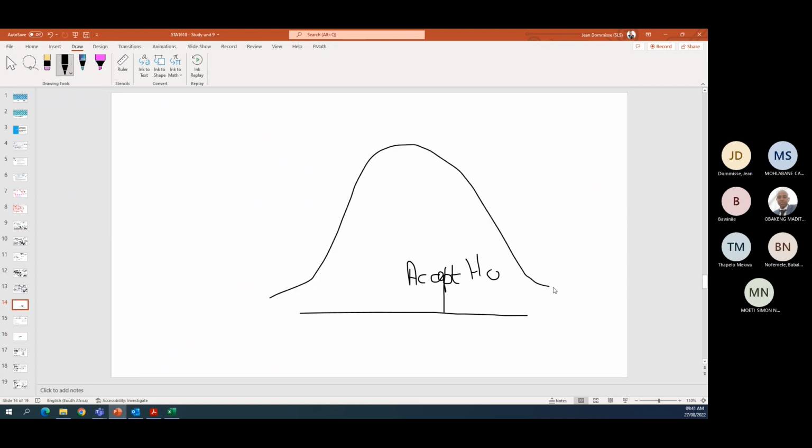Okay, so we've got our normal distribution. Then what is very important, and I will put this part back on the WhatsApp group again, let's do that. We can take the other one away now.